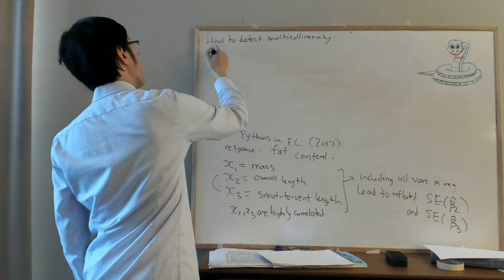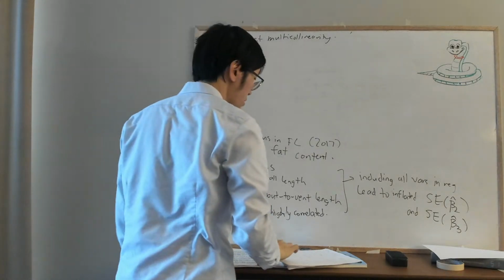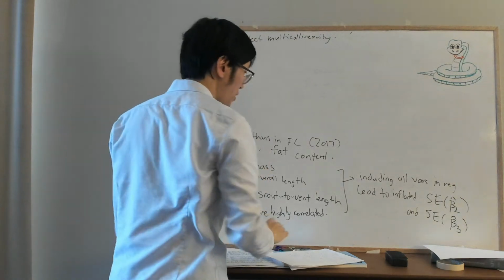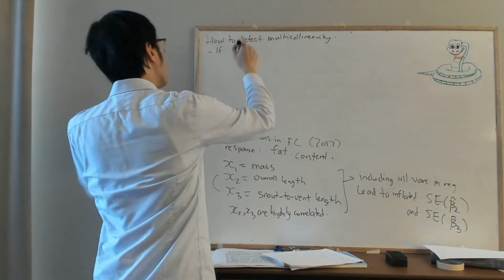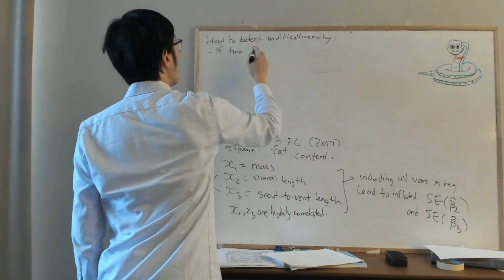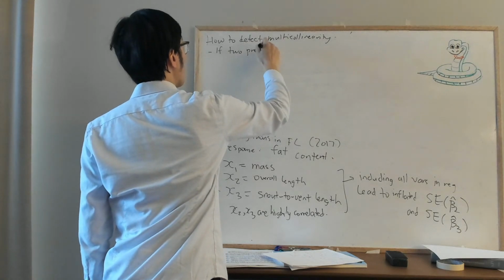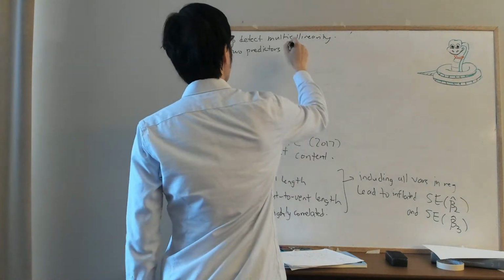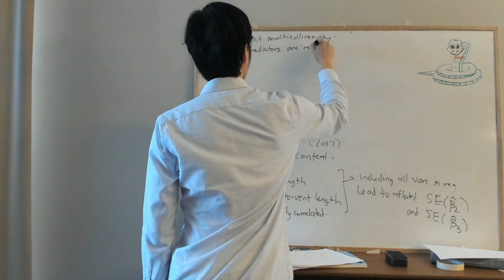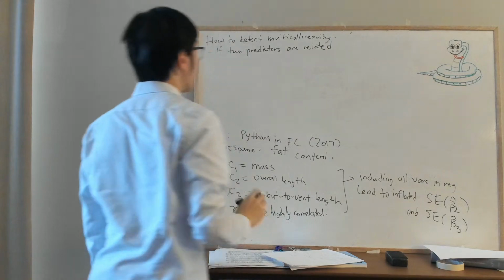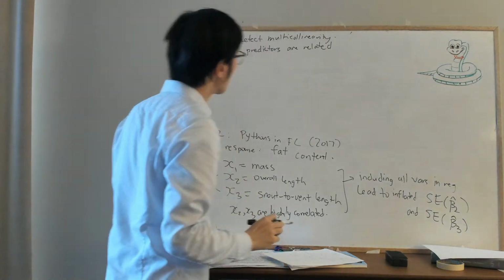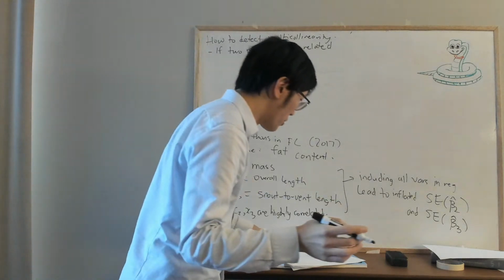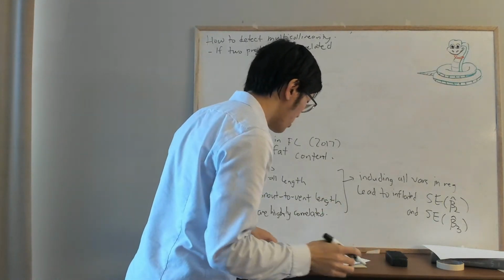Okay, so let's look at two cases. If exactly two of the predictors are related, we can detect it a lot more easily because we can just do pairwise scatter plots and look at the correlation coefficients between the variables.